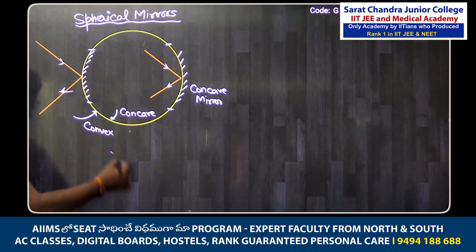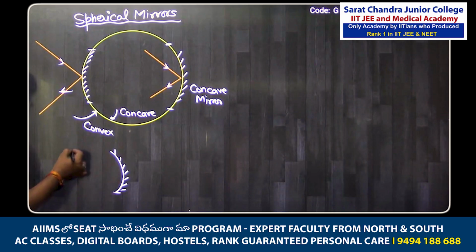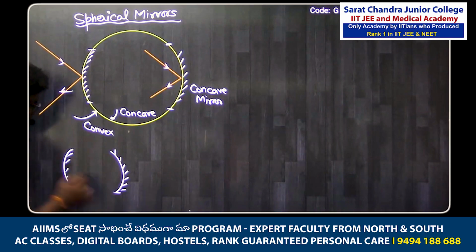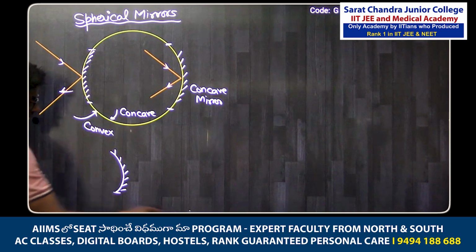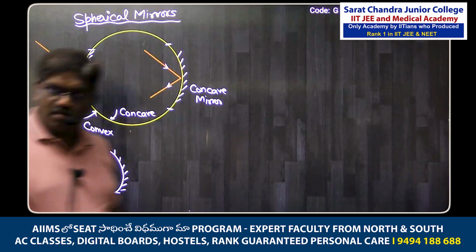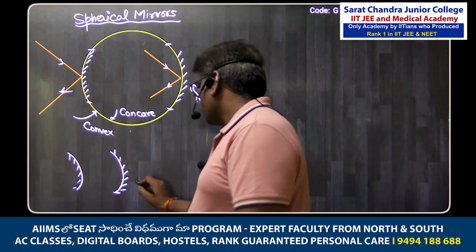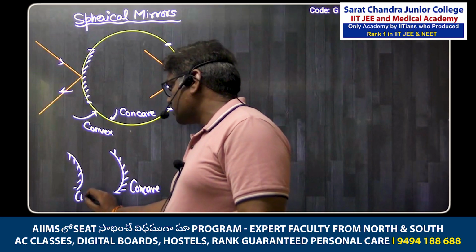In general, you show a concave mirror like this and a convex mirror like this. Otherwise, you can show it like this also, with only the difference in the polishing side. So this is concave, this is convex.